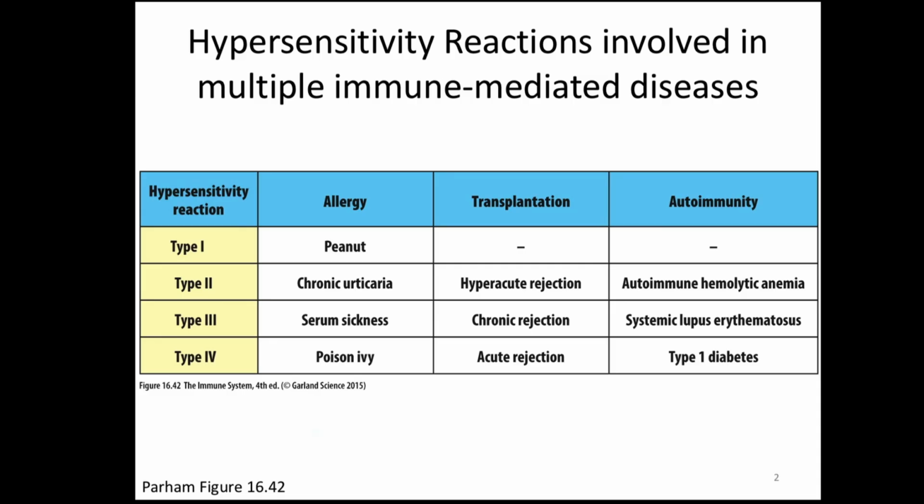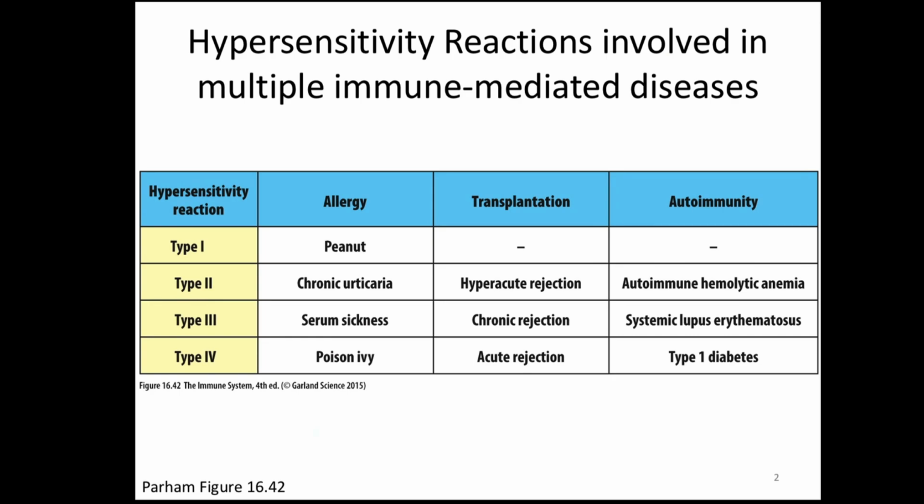When I think about hypersensitivity, I'm usually thinking about allergy. And very commonly, people think about type 1 hypersensitivity and allergy, which we talked about last time. But there are three other types of hypersensitivity reactions that have three different mechanisms, and we're going to talk about those mechanisms today.